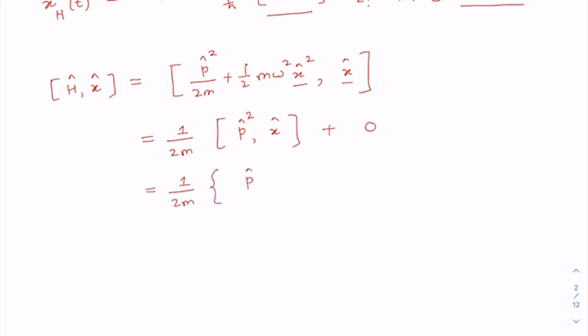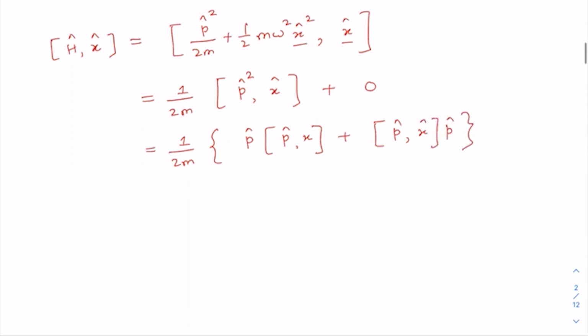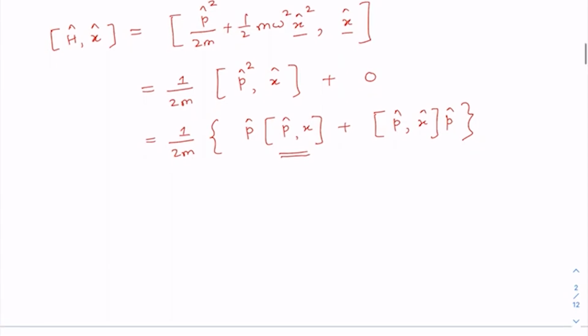I can write here it's px plus the commutation px p. Okay, and we know that px is equal to minus iħ, so we'll have here 1 by 2m. From here I will have minus iħ p.